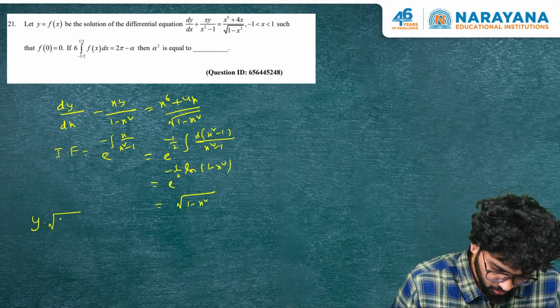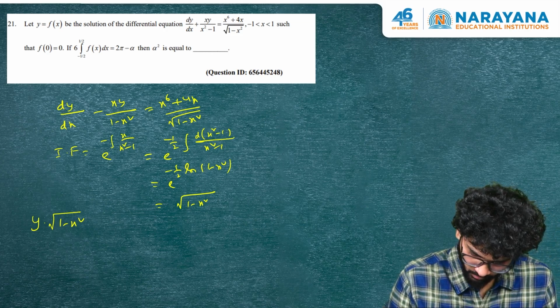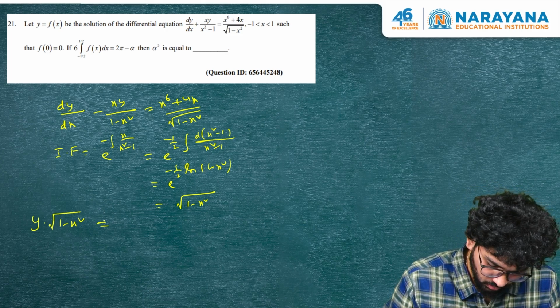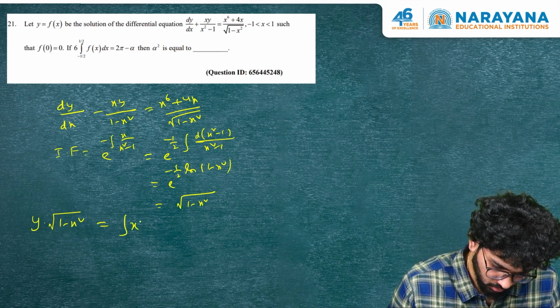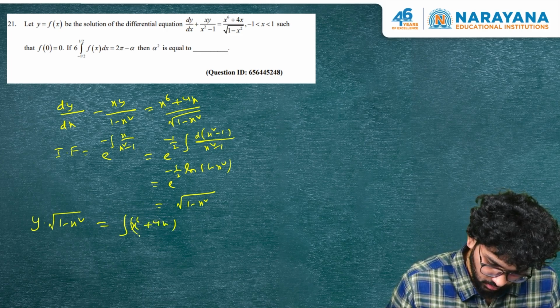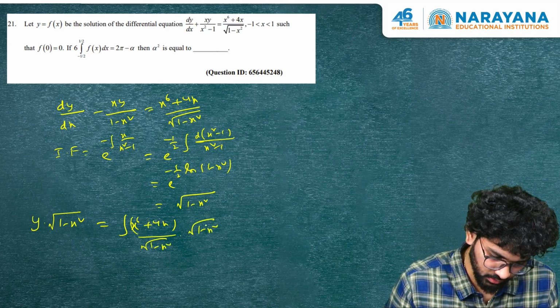So y into 1 minus x square will get, then this is equal to integral x power 6 plus 4x divided by square root of 1 minus x square into square root of 1 minus x square.